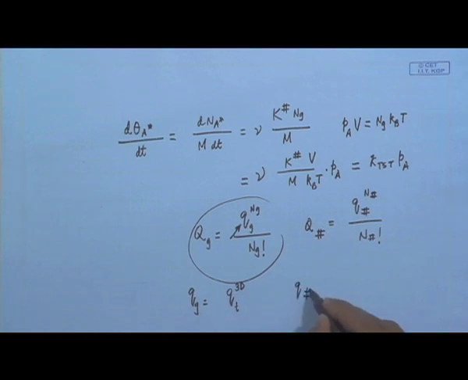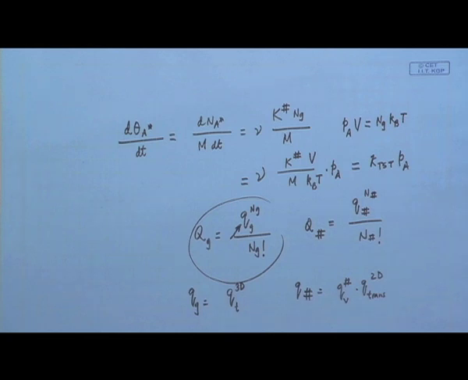For double dagger it will be q trans in 2D times q_v, that is, we have taken out one vibrational mode out of these many modes.